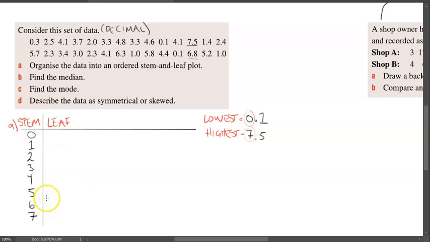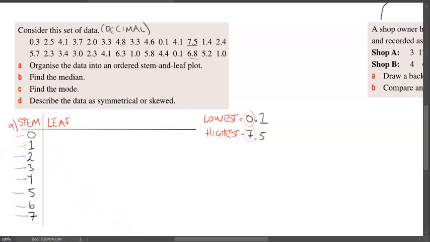This set of stems talks about this group here starting with 0 point, and then this group here starting with 1 point. What we're going to try to do is find every single category for each one of them, and whatever the number is after that decimal point, we're going to represent that as the leaf component.